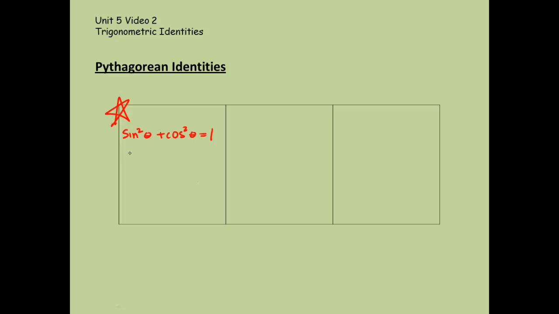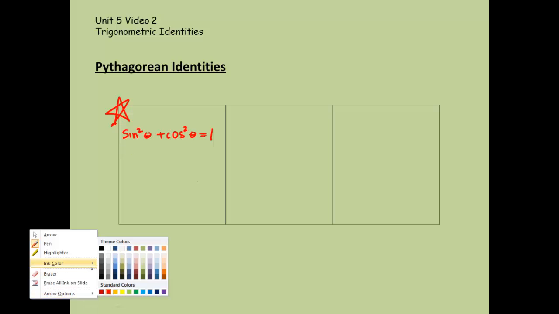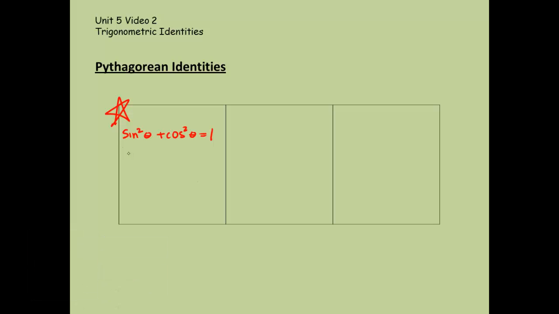If I were to subtract sine squared of theta to the other side, I could write this as cosine squared of theta equals 1 minus sine squared of theta.